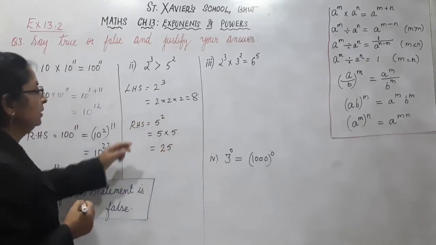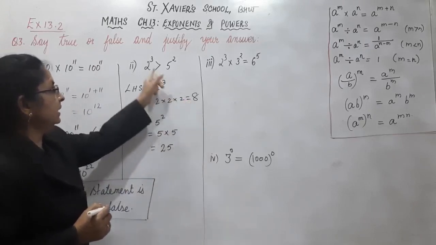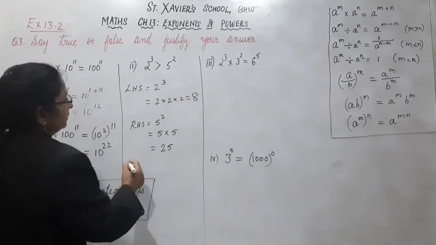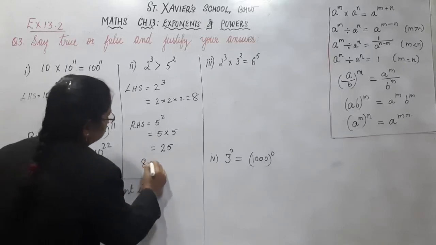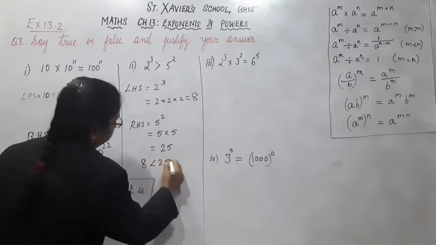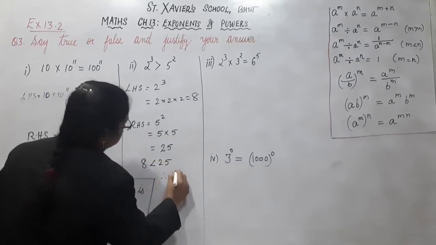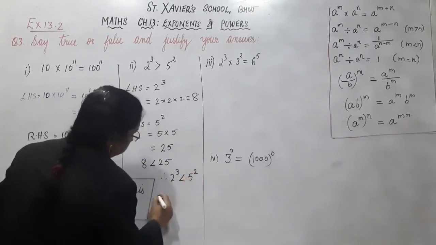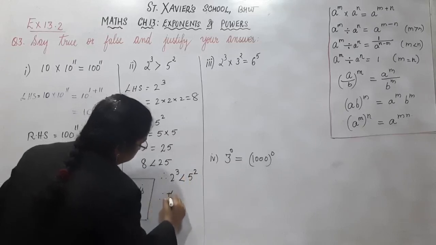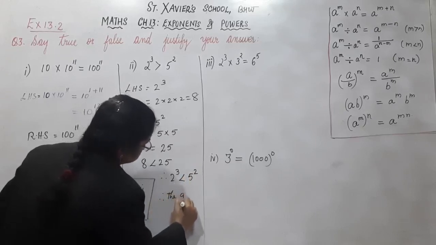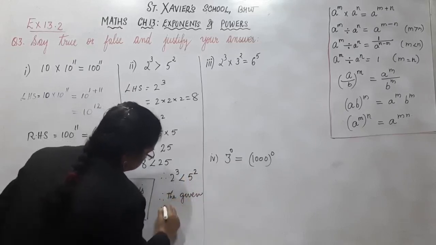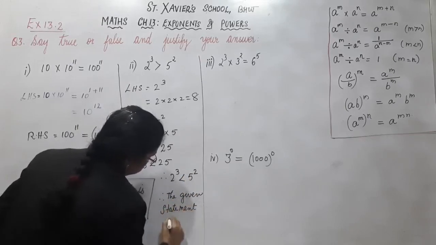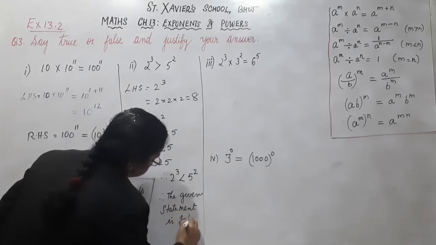Now tell me, is 8 greater than 25, as given in the question? 8 is smaller than 25, therefore 2 cube is smaller than 5 square. Therefore, the given statement is false.